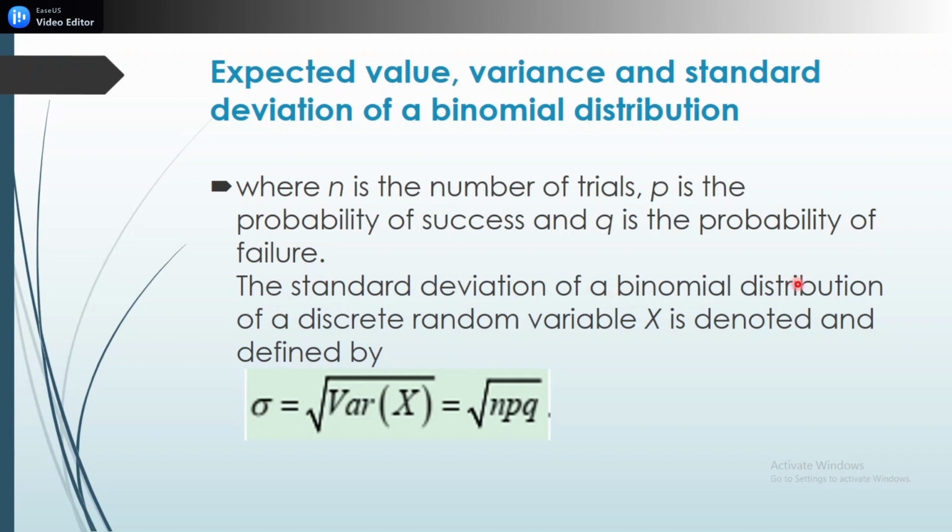The standard deviation of a binomial distribution is the square root of variance, where variance is equal to n times the probability of success times the probability of failure.